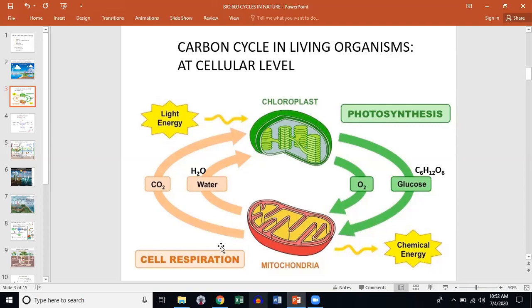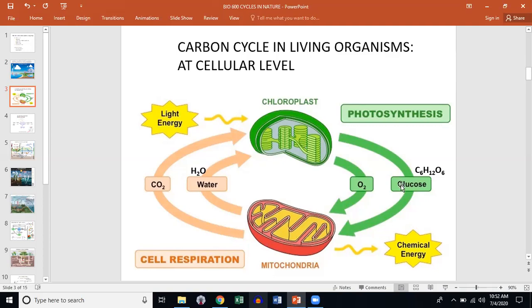Animals then take up the glucose by eating the plant or eating animals that ate plants, and we burn, literally, the animals burn the glucose by reacting it with oxygen in a process called respiration, cellular respiration. And by breaking these molecules, the end result is that we're going to produce water that will come out mostly through the urine, and CO2 through our lungs that will go back out into the atmosphere.